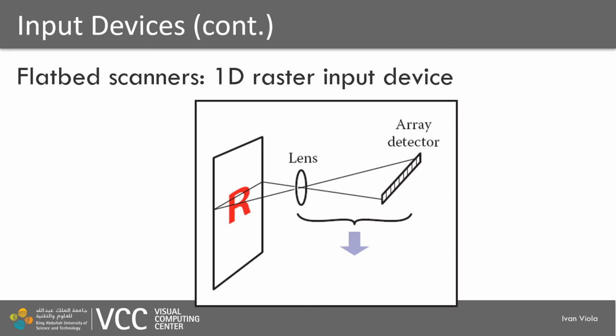The next device which we are also frequently using are scanners, which is also an input device. And scanners have typically not a 2D sensing array, but only 1D, or maybe 1D for each channel.